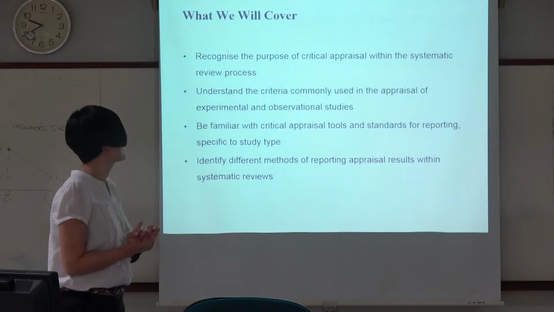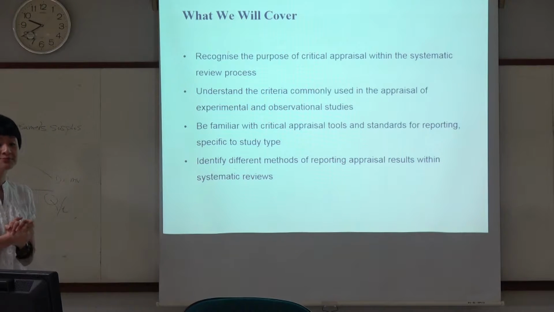So this is what we're going to cover today. We're going to discuss the purpose of critical appraisal in the context of systematic review. I'm going to talk about the criteria that are commonly used in critical appraisal of experimental studies and observational studies, so randomized control trials and observational studies.